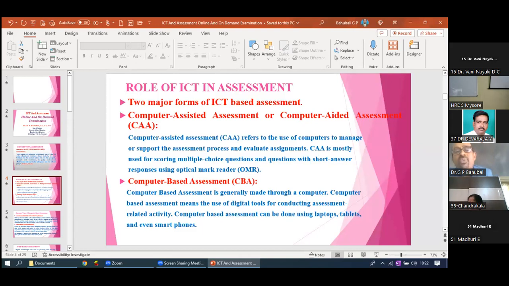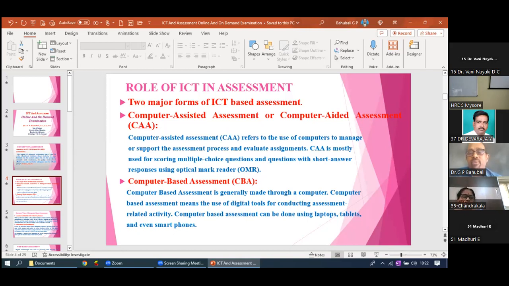Coming to the role of ICT in assessment, there are two major forms of ICT-based assessment. One is CAA, Computer Assisted Assessment, or Computer Aided Assessment. This refers to the use of the computer to manage all the processes of assessment, that is, judging the learning of students with the support of the computer.